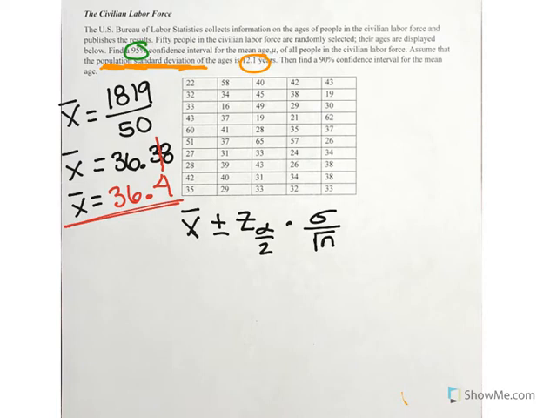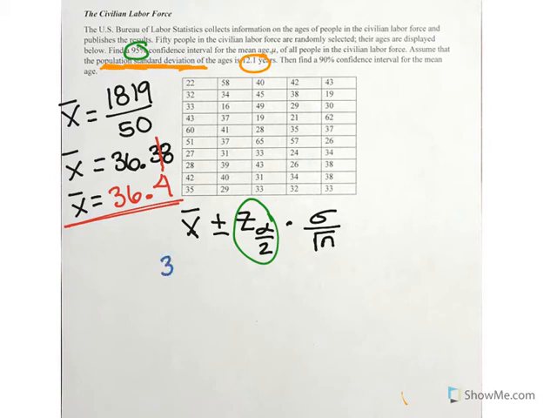So our mean doesn't change. Our population standard deviation doesn't change. Our little n doesn't change. The thing that's going to change when I go to 90% is your z-score. Okay? So let's plug in our numbers.